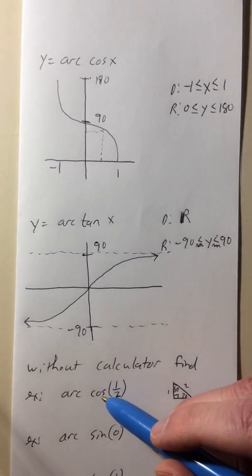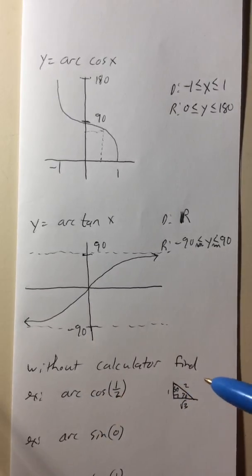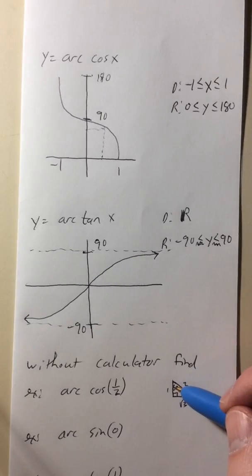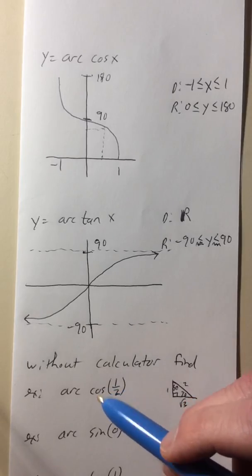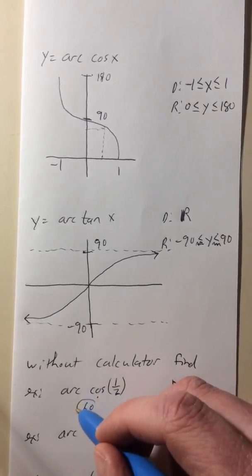So the cosine of what angle is 1/2? So let's take a look at these angles right here. So we got 30, and let's do the cosine of that. So that's going to be √3/2. That's not 1/2. Let's try 60. Cosine is adjacent over hypotenuse. That's 1/2. So the angle whose cosine is 1/2 is 60 degrees.